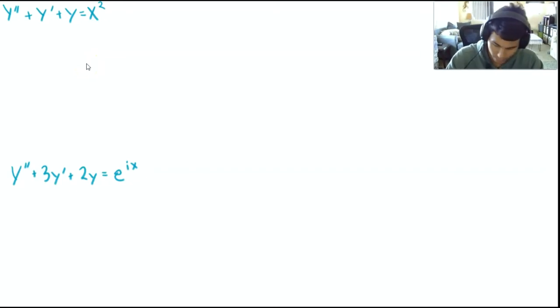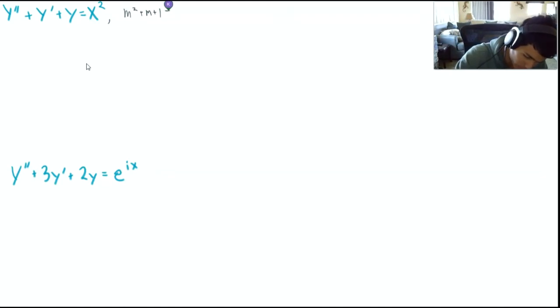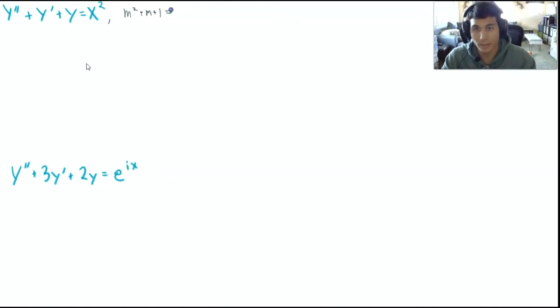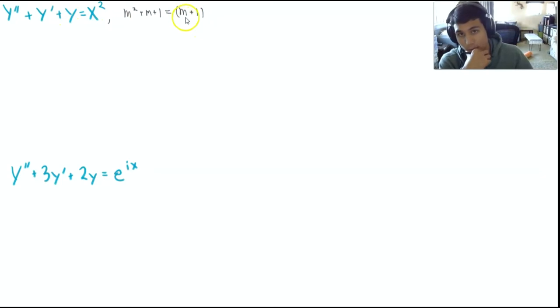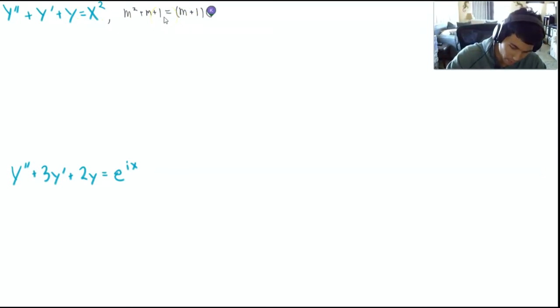We could write m squared plus m plus 1. If we try to think about a factorable combination for this, maybe it is just m plus 1. Well, m minus 1 would not be it.